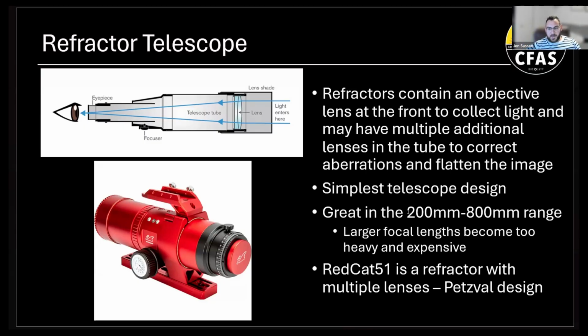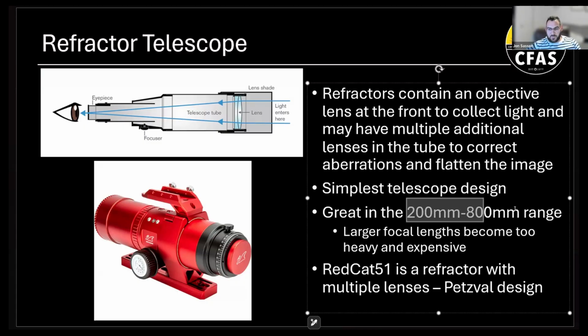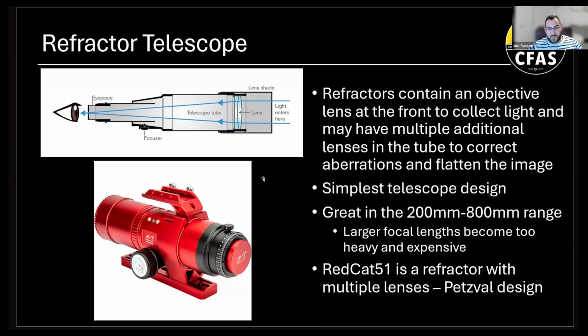So refractors are great when you're in this low to medium focal length range. The advantage is they're very simple to use. You don't have to worry about collimation.